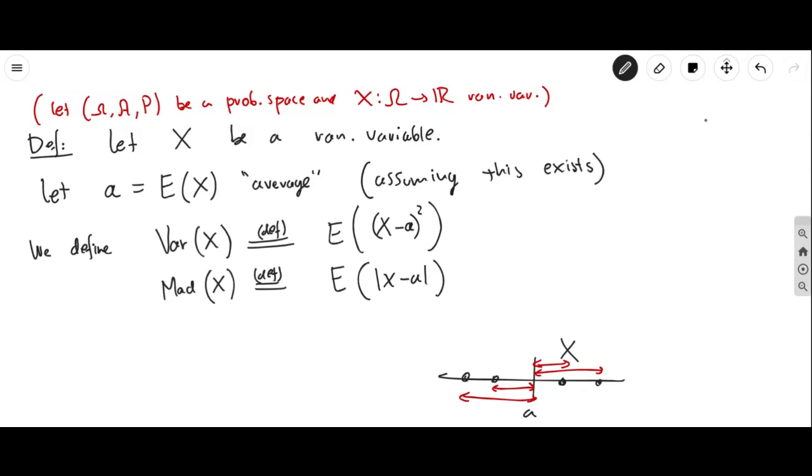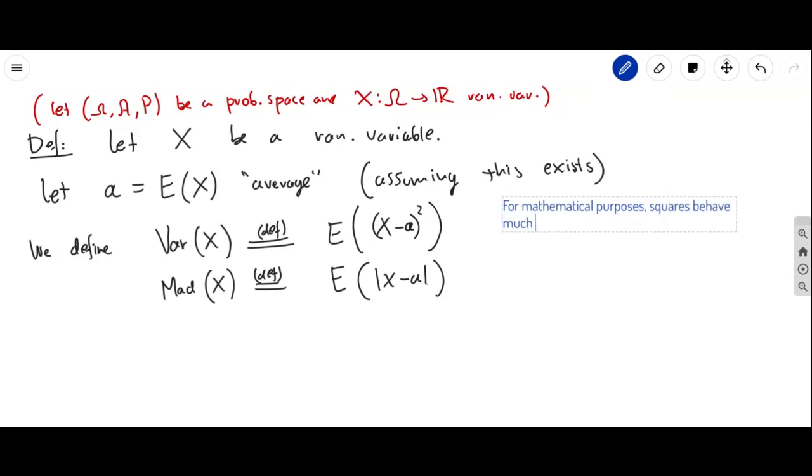And the question that everyone always asks, and this is a reasonable question, is why do we use squares instead of absolute values? The answer is that for mathematical purposes, squares behave much better than absolute values. It's easier to do math with squares.